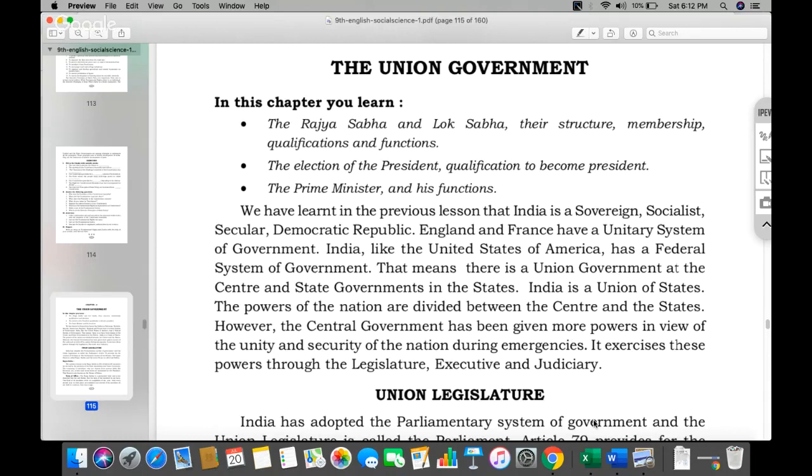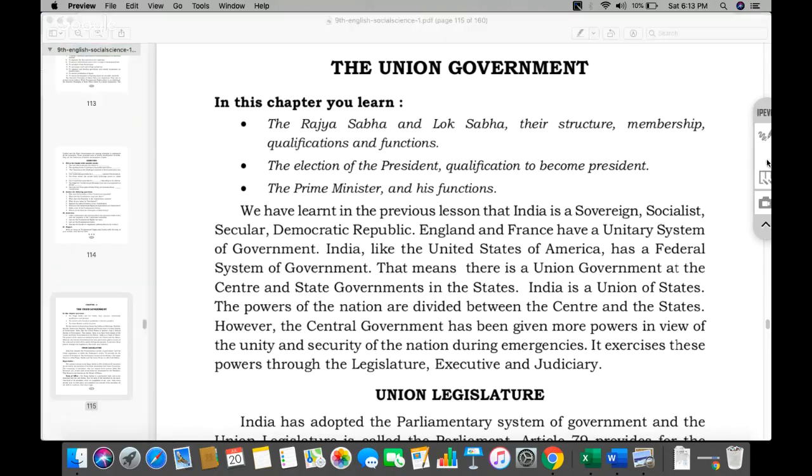Okay, chalo, let's start now. Let's go in full flow. We have learned in the previous session. The previous chapter was about drafting of the constitution and different features of the constitution.